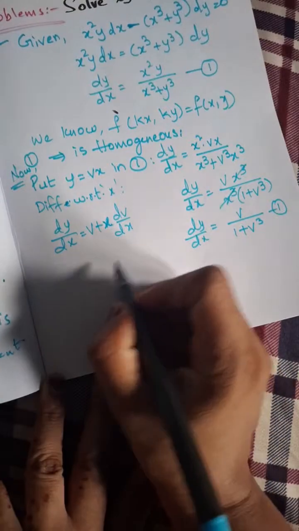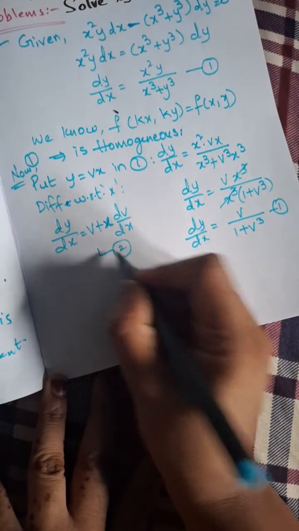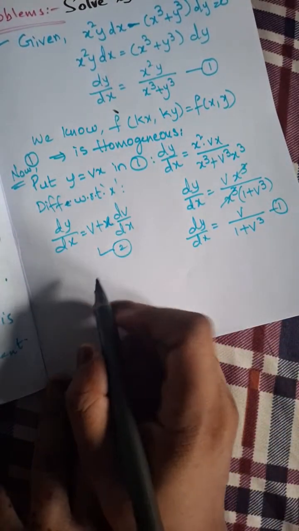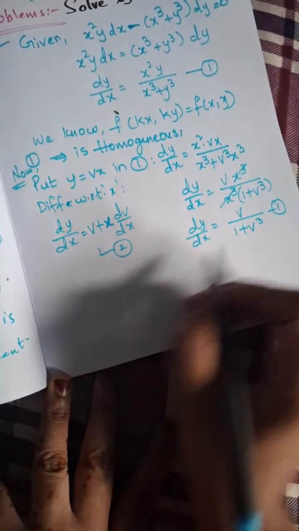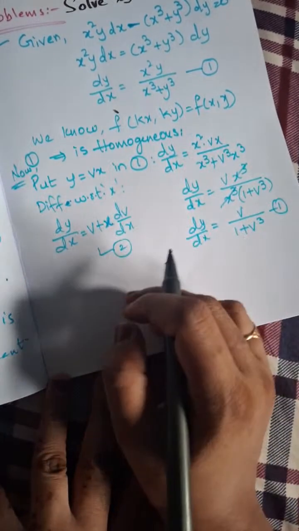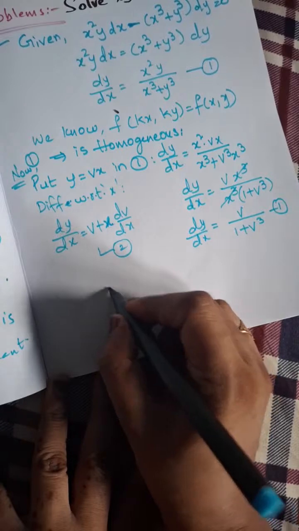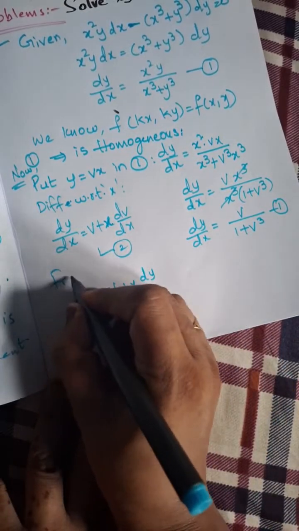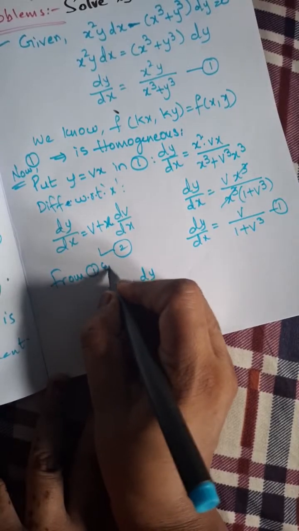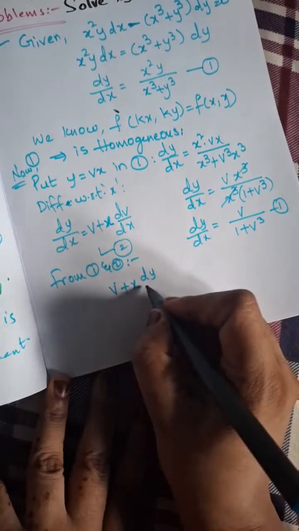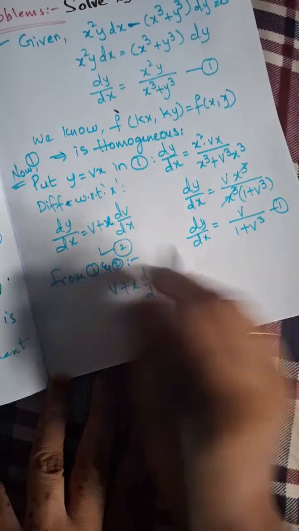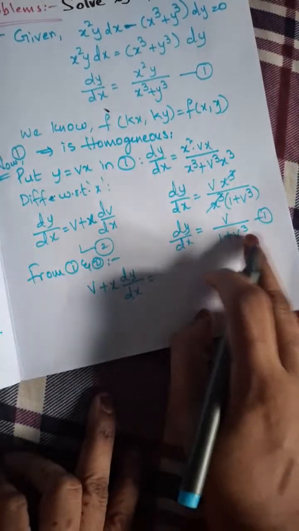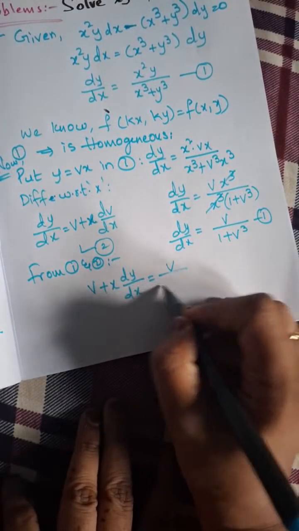This is the second equation. Now comparing 1 and 2, from 1 and 2, dy by dx equals this one and this one, equating both, we get v plus x dv by dx.